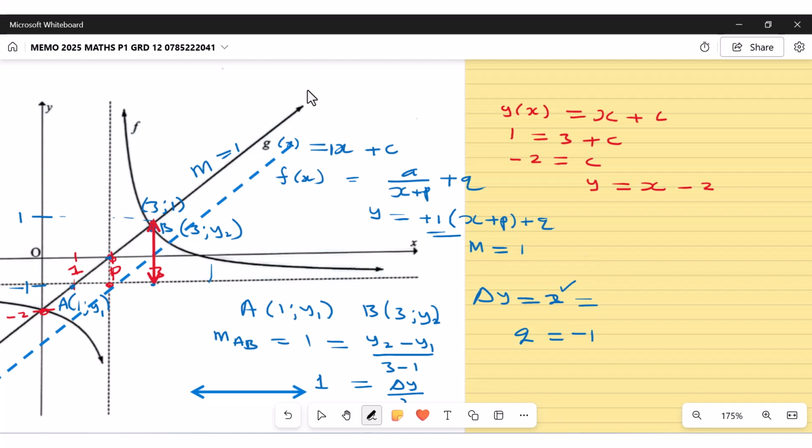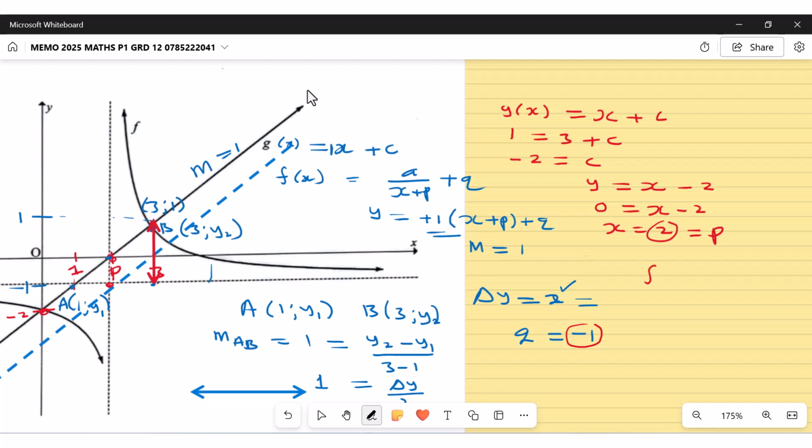Now to find my a, the hyperbola is passing through the same point b here, which is (3, 1). So I'm going to use it now. That is (3, 1) here. In here, our y is 1. Next, I'm going to say that 1 equals a divided by x minus 2, and then minus 1 altogether.